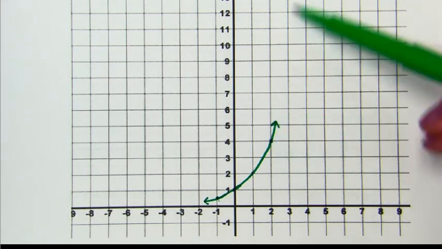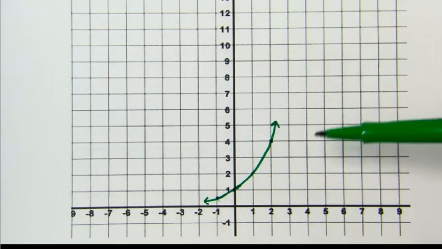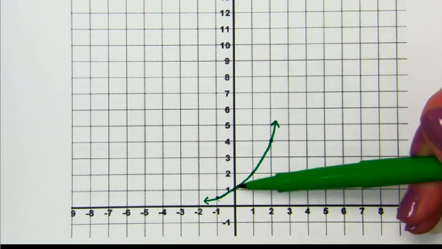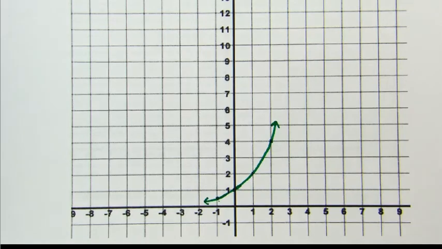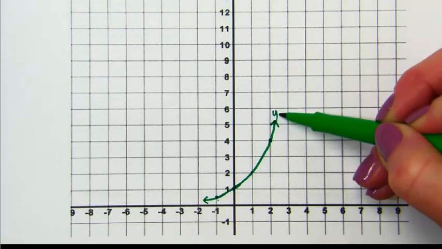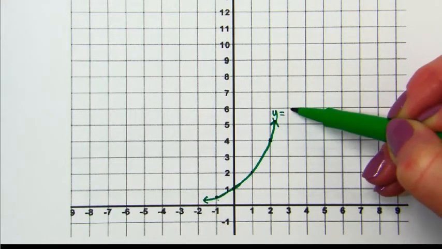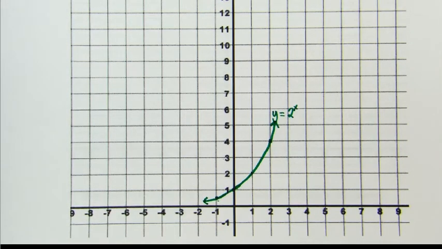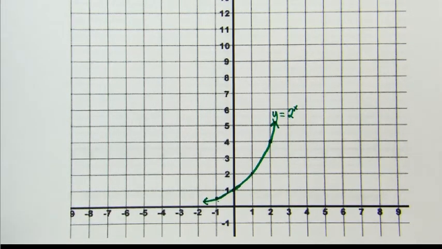Don't just go crazy drawing straight up, because we haven't done this enough to have an idea of what happens to that curve as it goes up. So we're just going to stop there for now, and we're going to label our graph with the equation, so that in the next part we can see what happened.